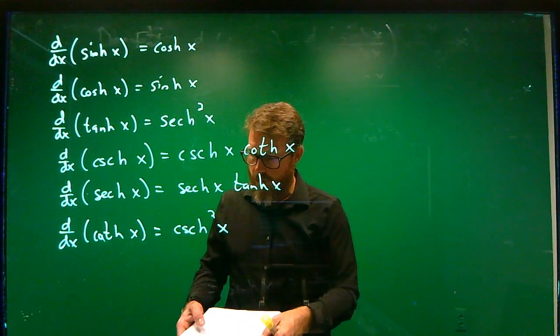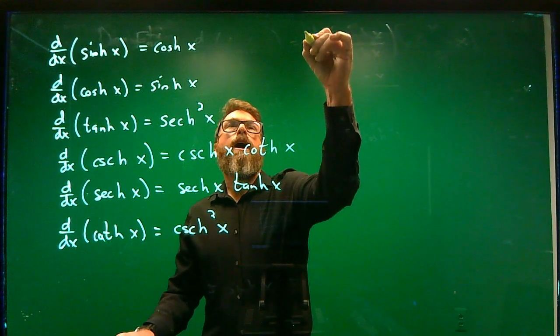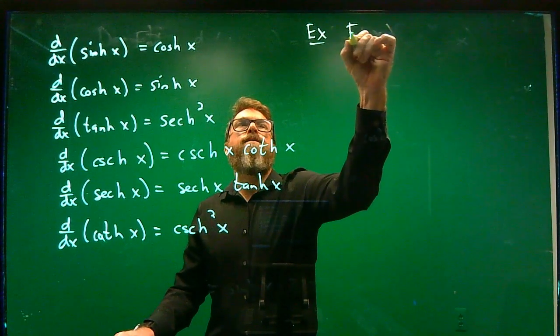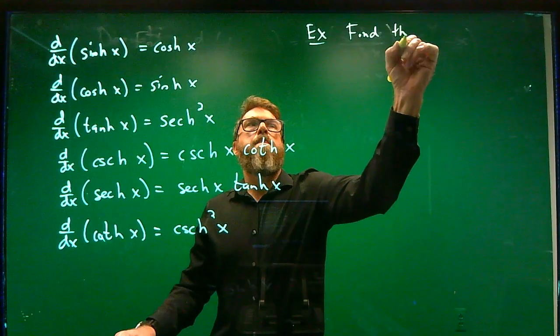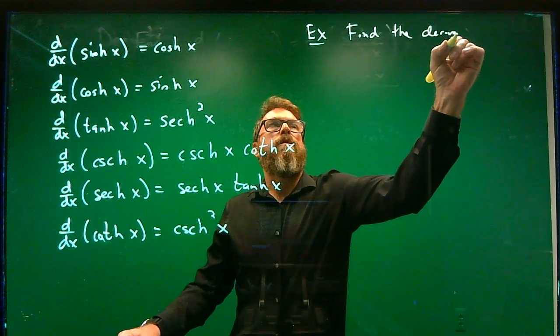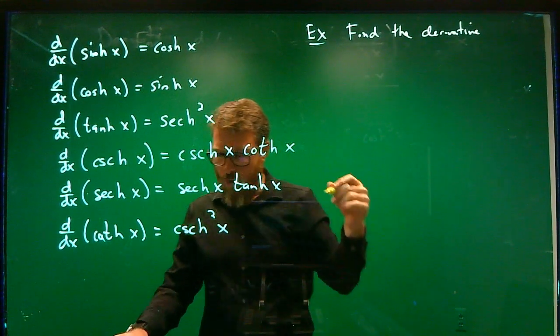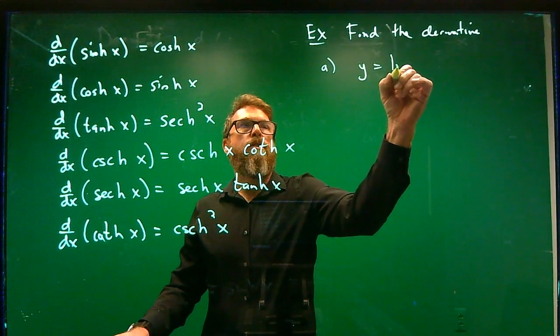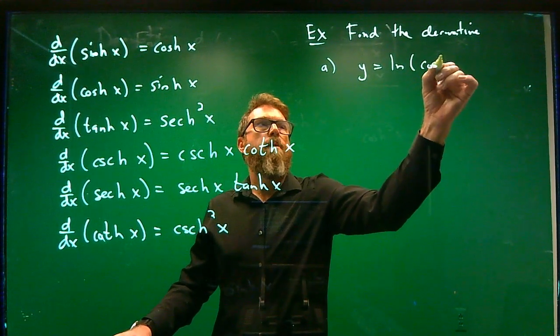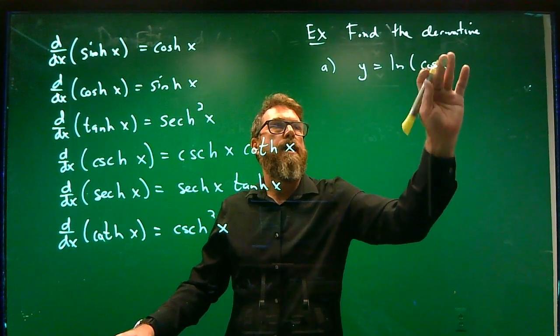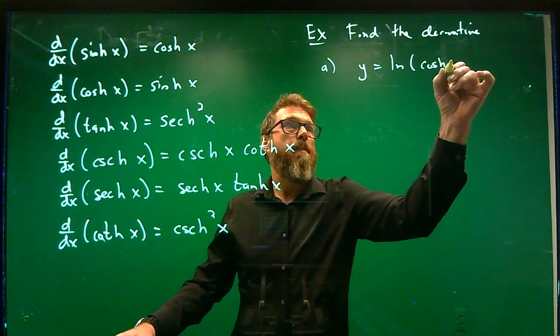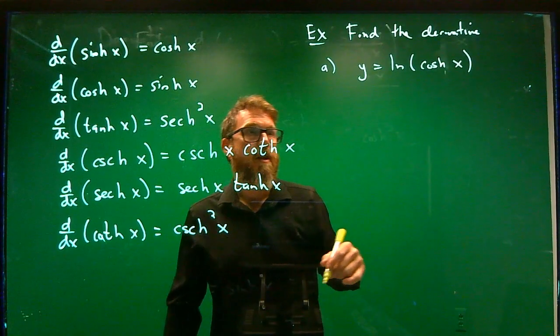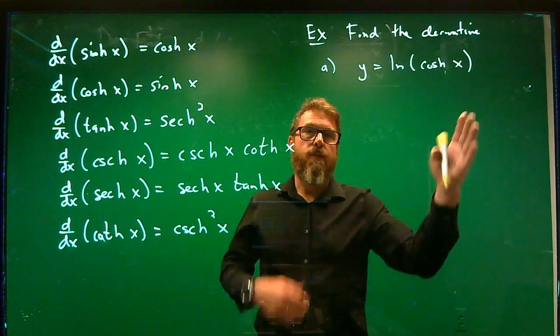Let's do them over here. Let's apply some of these. Example: find the derivative. A. What if I have y equal to the natural log of the hyperbolic cosine of x. When we're taking derivatives, we have to work outside in.